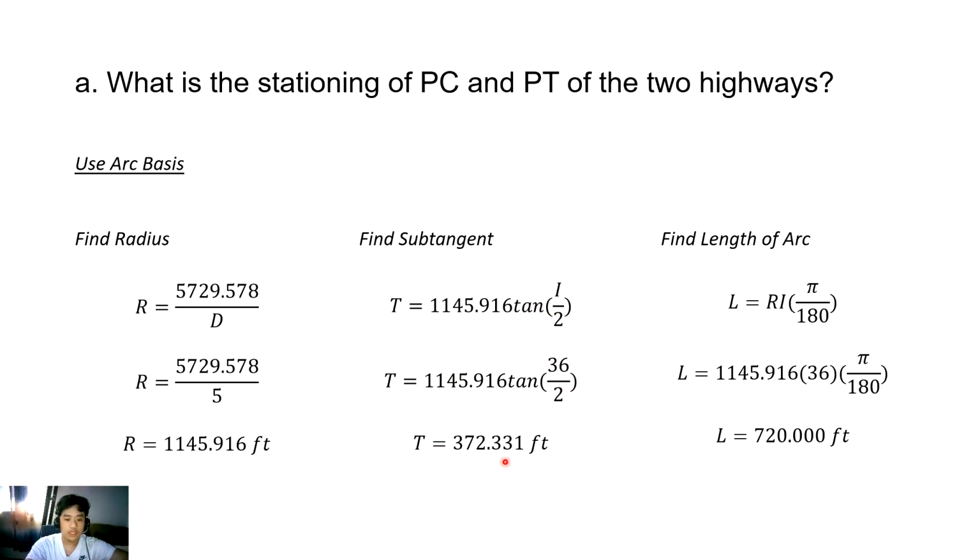So, we'll get 372.331 feet. For the length of arc or ng curve, we're going to use R I times pi over 180. So, substitute lang natin. 1145.916 times 36 times pi over 180, and we'll get L equals 720.